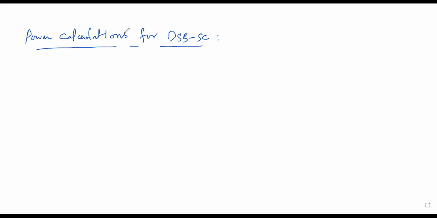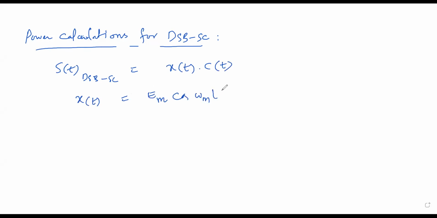So we all know that double sideband suppressed carrier is just the product of the modulating signal and the carrier signal. And we all know that the modulating signal is given by the expression Em cos omega mt, so this can also be written as Em cos 2 pi fmt.